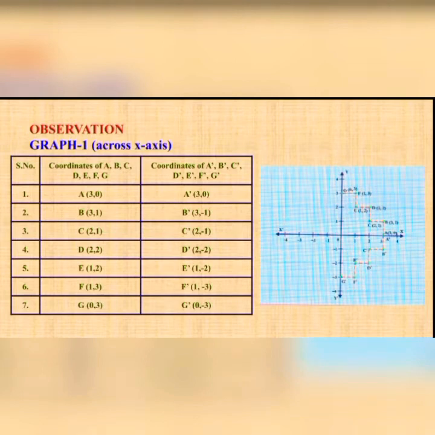Similarly, the coordinates of A', B', C', D', E', F' and G' are shown here. You can find that these are exactly opposite to each other and their sign is changed.